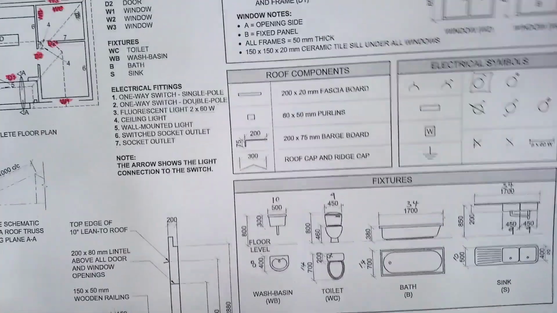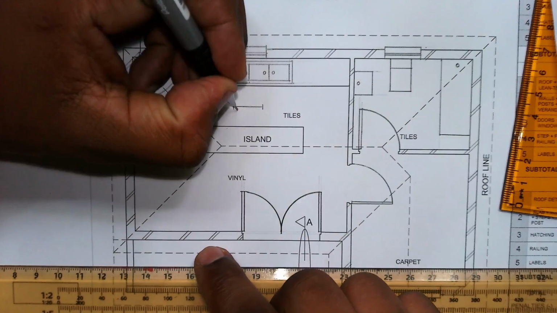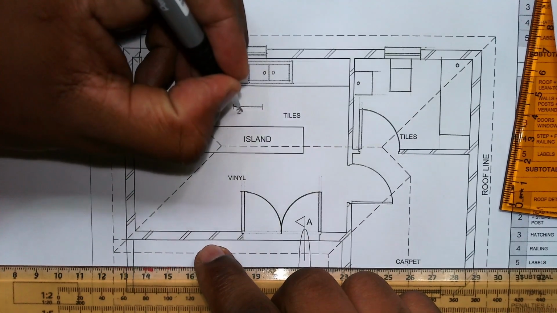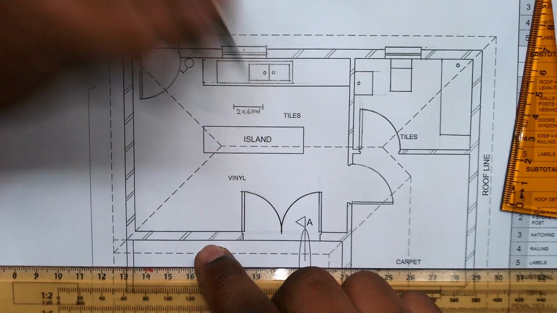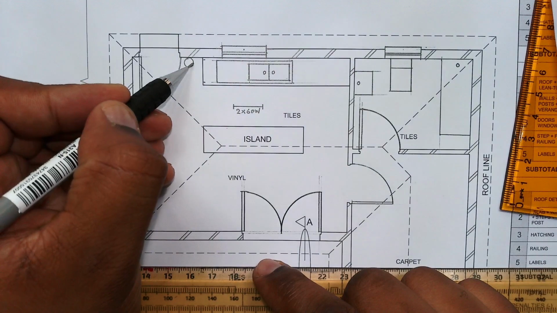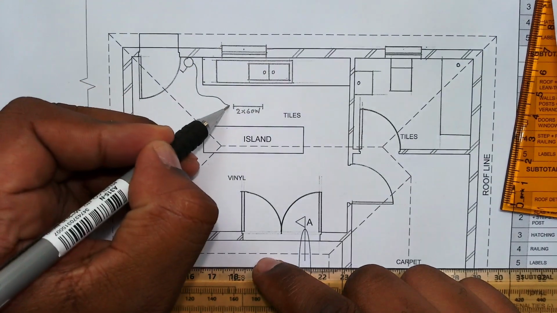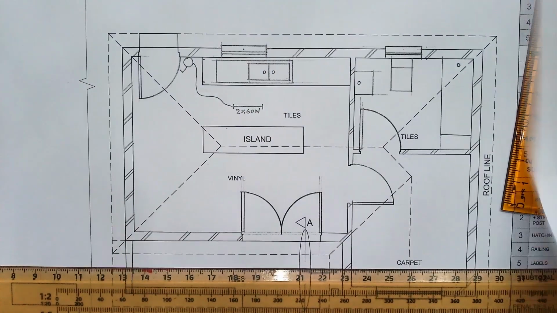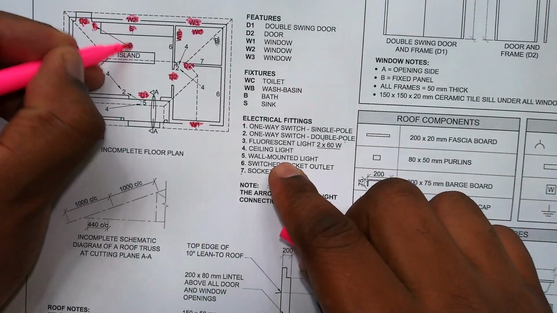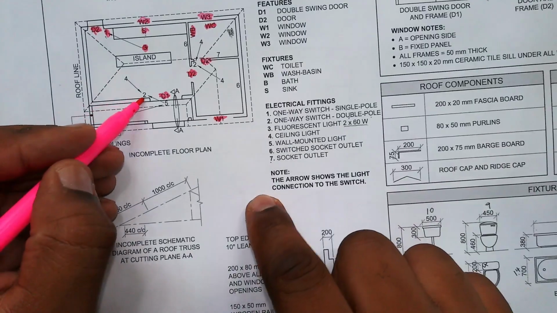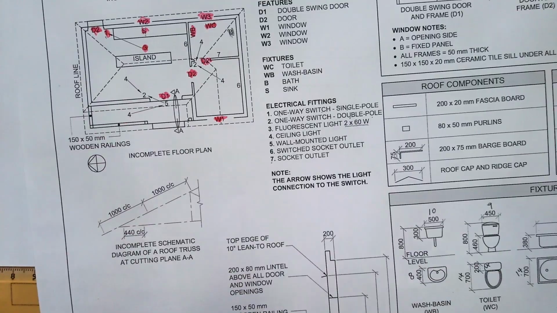So I have to write that down just here. I'll say 2 by 60 watts, and then I'll connect this with the light. So I have added that. I can mark it off, and then I move to this one here, number 2.